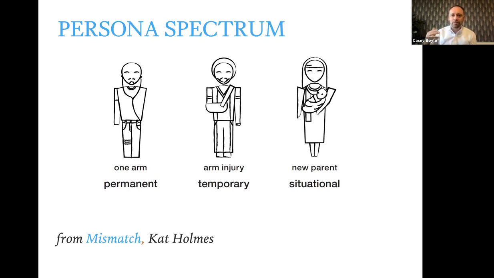The idea that someone is able-bodied is such a temporary state. You've come from and you will go into, even if you get to enjoy that able-bodiedness, that's only a temporary state before something else will happen. So a lot of these are like that.